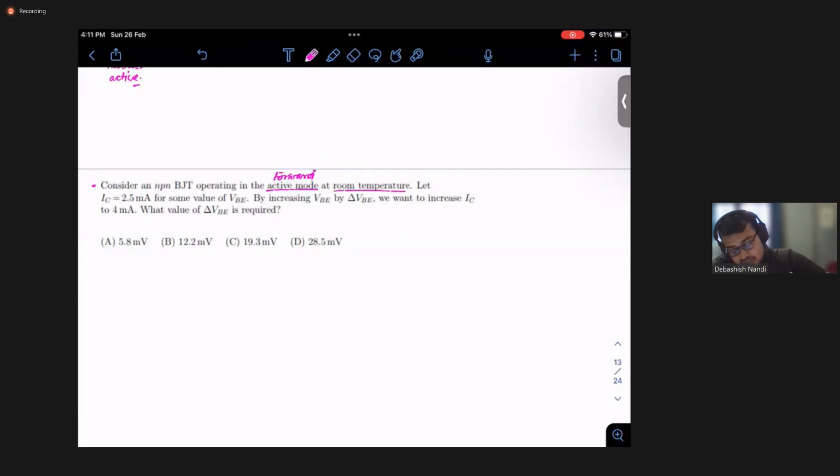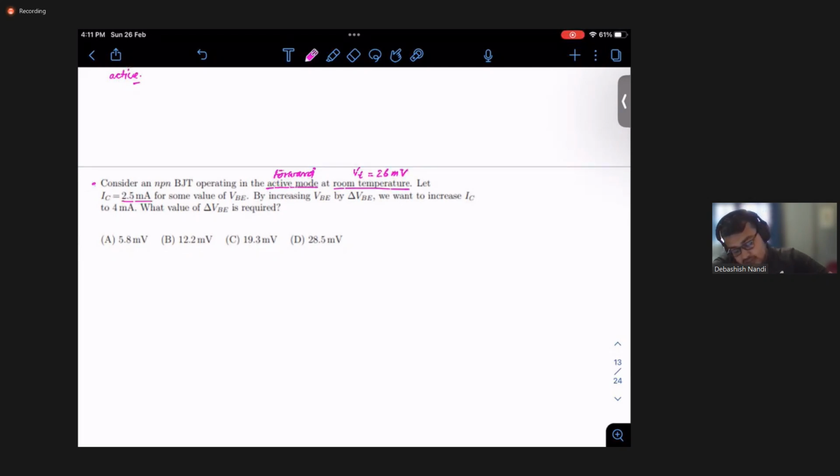At room temperature, your VT is nothing but 26 millivolt. Let IC be equal to this for some value of VBE. By increasing this, we want to increase IC to 4 milliampere. What value of VBE is required?